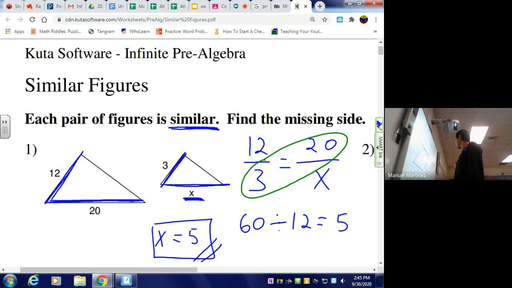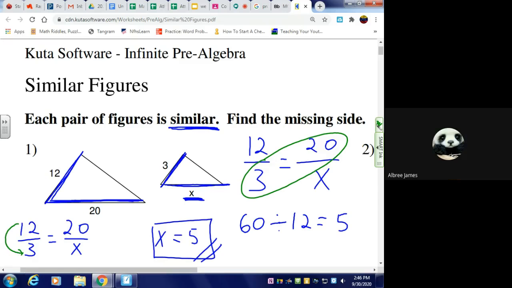Now, there's something I want to show you. This was the proportion, right? Another way to solve this proportion would be, how do you go from 12 to 3? You divide by 4.